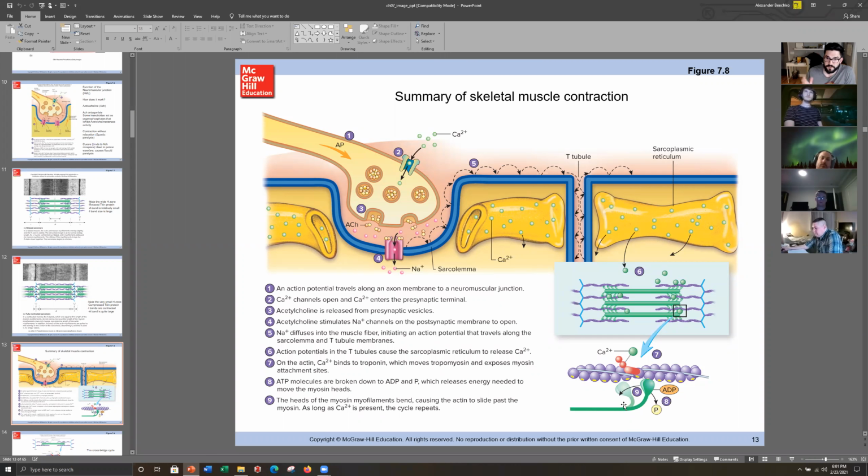Those active sites become exposed, then the myosin head attaches onto them and pulls them forward towards that M line right there. And then with the help of some ATP, we can release them, reset their resting length, and allow the sarcomere to relax and resume its original resting length. Okay.